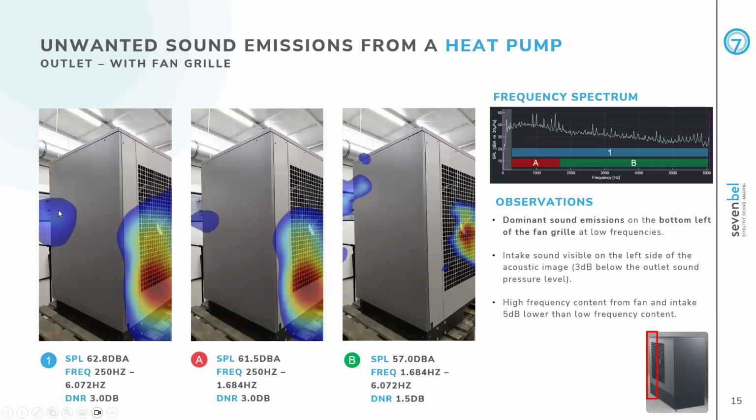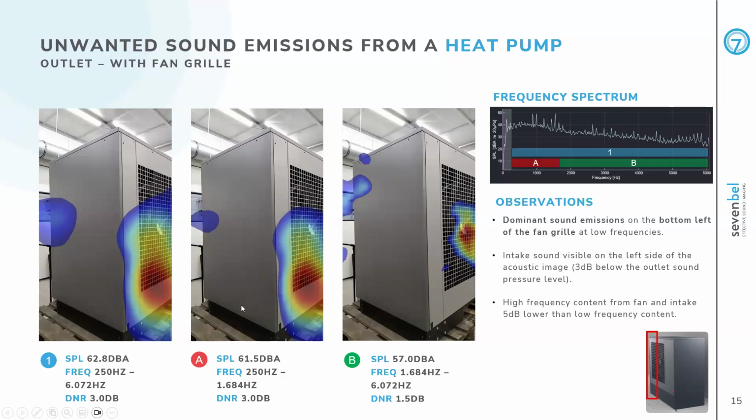So that secondary source that you see in blue on the back of the unit, that's the intake, and it's also contributing. This image has now a dynamic range of 3 dB, which means that the difference from the front to the back is about 3 dB. 3 dB is non-negligible. We should also take care of the noise from the intake at some point. But the main source is still the front of the unit here at the bottom of the fan grill.